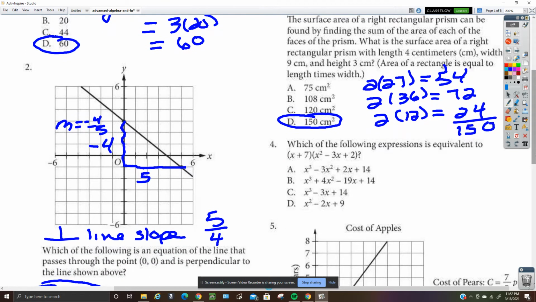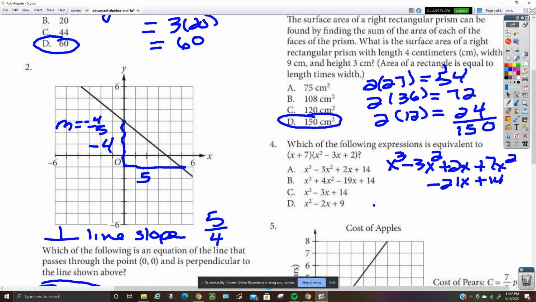And then which of the following expressions is equivalent to these 2 multiplied together? So you want to do the distributive property: x cubed minus 3x squared plus 2x. And then multiply the 7 times everything: plus 7x squared minus 21x plus 14.